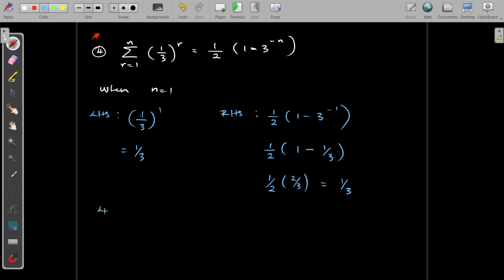So left hand side is equal to right hand side. So true when n is equal to 1.